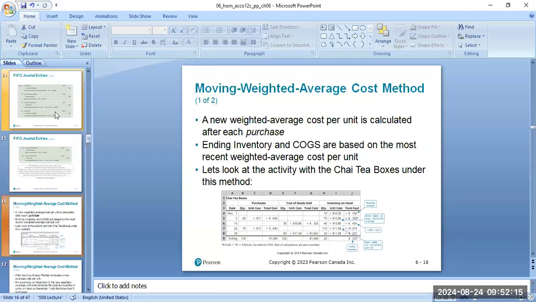It takes the total number of units and the total cost, divides the total cost by the total number of units, and comes up with the weighted average cost per unit. Every time we do another purchase, the system automatically adjusts the weighted average cost. Because of that, our weighted average cost is always going to change with the purchase. That method is called the moving weighted average cost method.